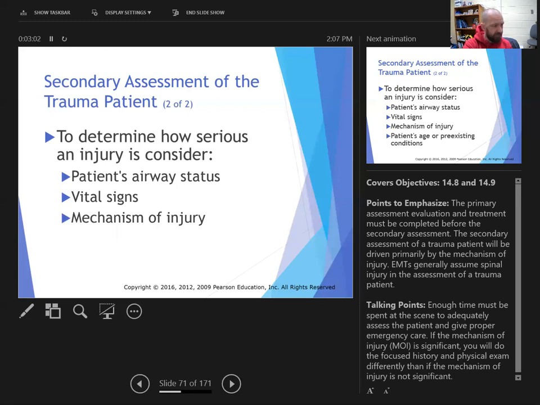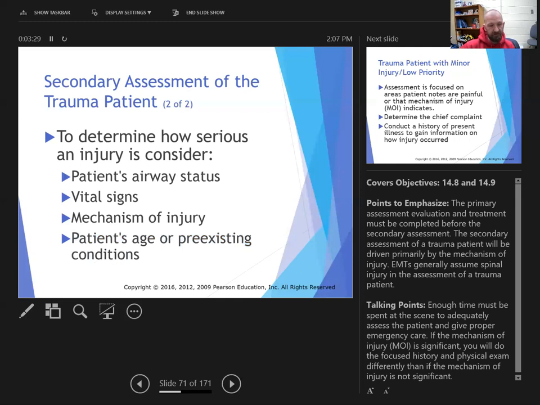So let's say, stepping off a step onto an icy sidewalk and you twist an ankle, right? That would be the mechanism there. Not too bad, right? Not too serious, but if you compare that to somebody getting hit by a bus, right? That's obviously much more serious than the other. So considering the mechanism of injury is important. It's crucial to figuring out how serious something is.